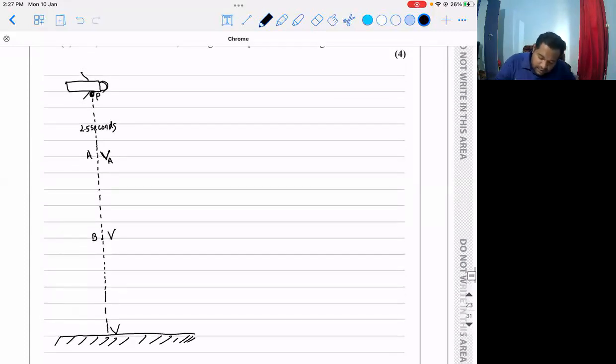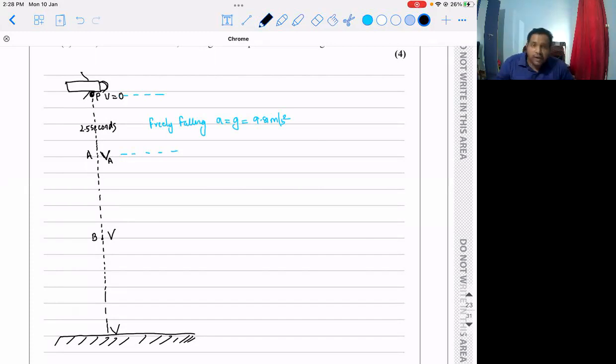So in this region, it is purely free fall. Therefore, acceleration is actually g, which is 9.81 meter per second square. Am I correct? Then the initial velocity in free fall is 0.